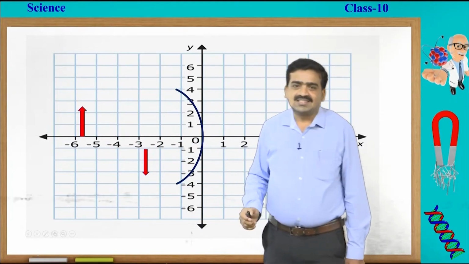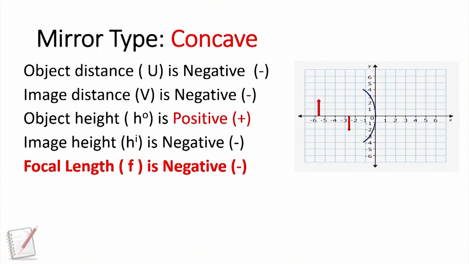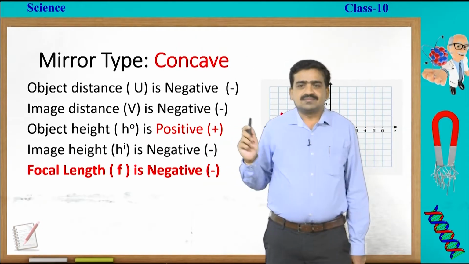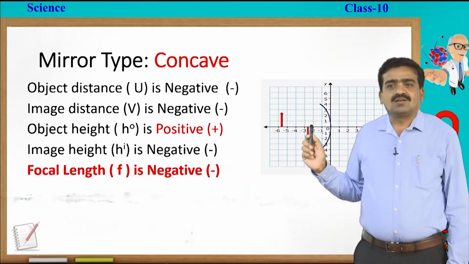So, we can simply conclude like this: if the type of the mirror is concave, object distance u is negative, image distance v is negative, object height is positive, image height is negative, and focal length is negative, since the focal length is going to be calculated with respect to the principal focus.